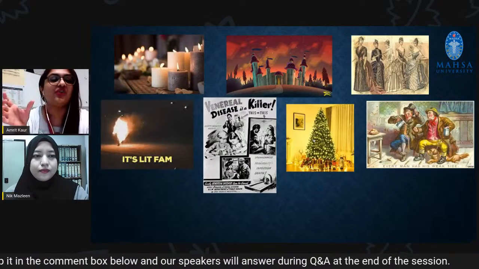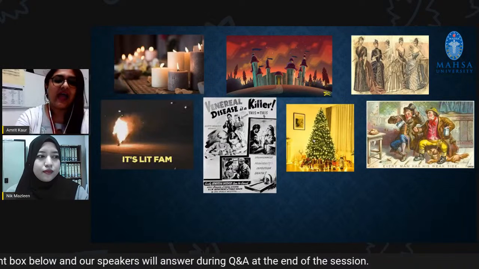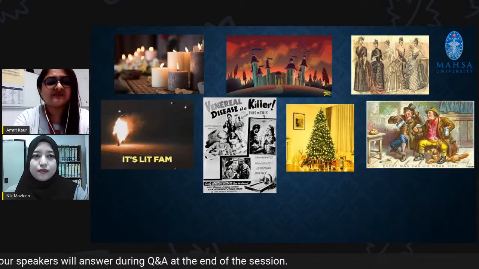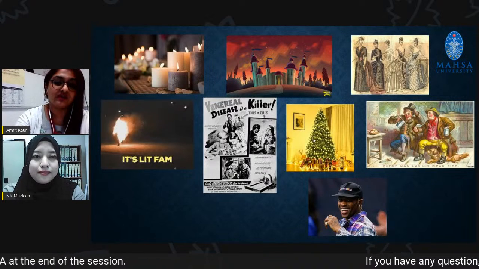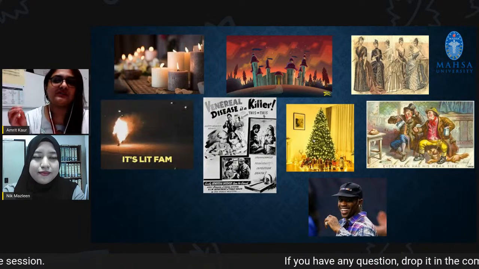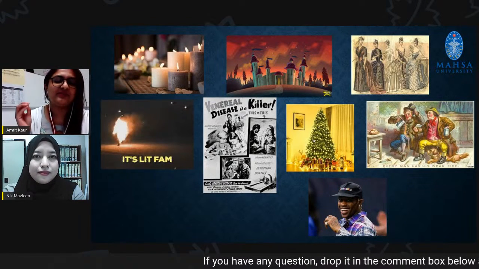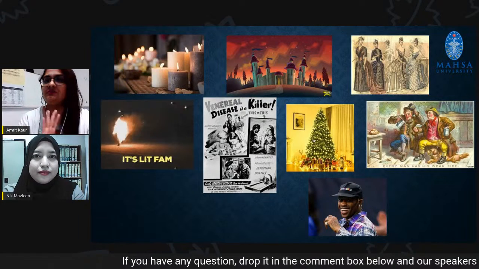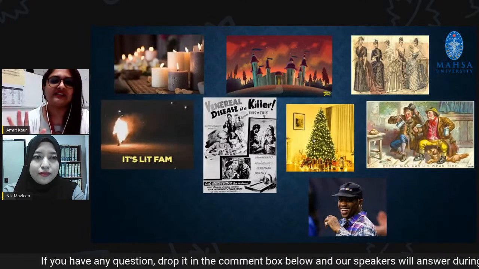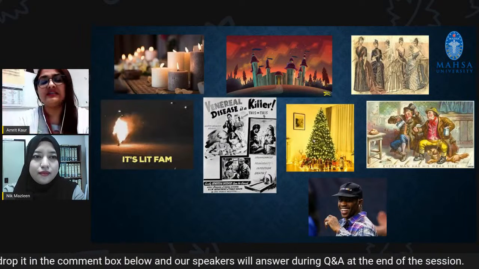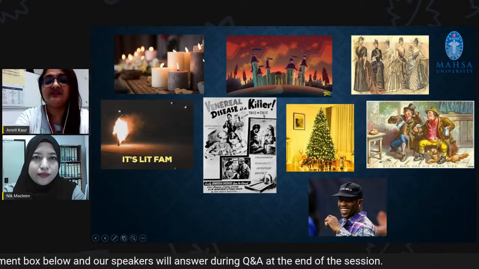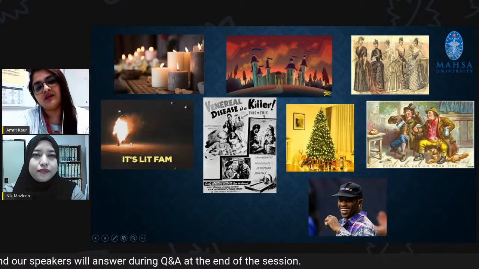Fam is short for family. And then you will look at Travis Scott. The precise origin of the term lit actually baffled all the lexicographers. They don't know where this term came from, even though it runs from candles right up till here.